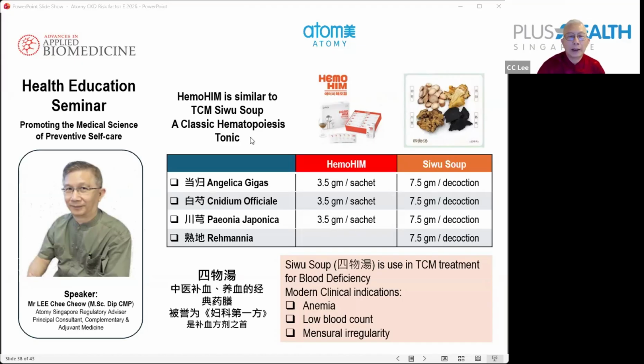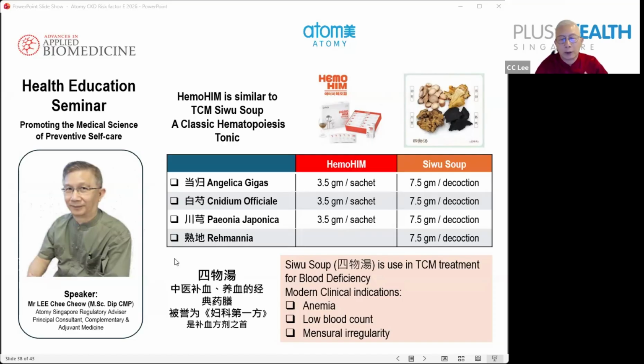Then we have another TCM classic, Siwu Tang. Its composition is very similar to Hemohin, except that there is an additional ingredient, shu di huang, Rehmannia, which is absent in Hemohin itself. Now let's look at Siwu Tang, because it is used in TCM treatment for blood deficiency and has been used for centuries.